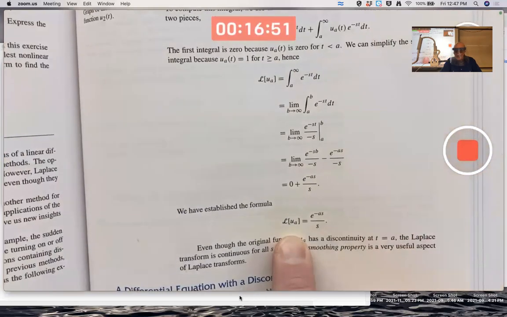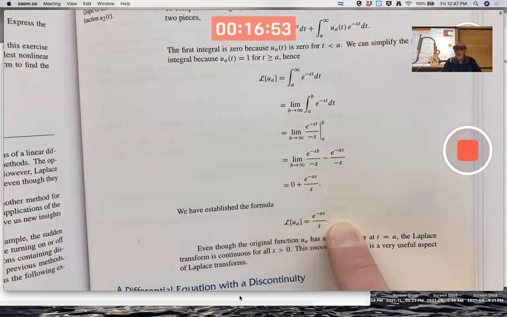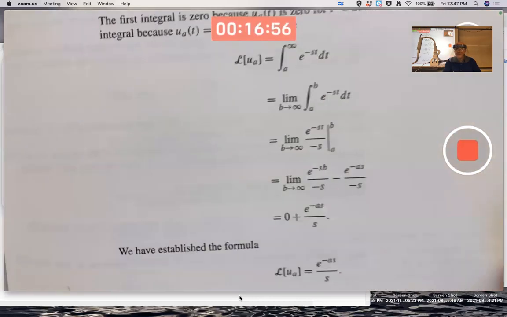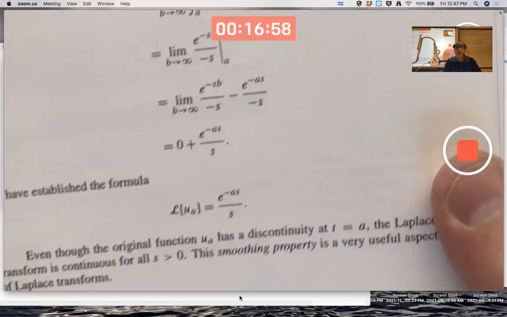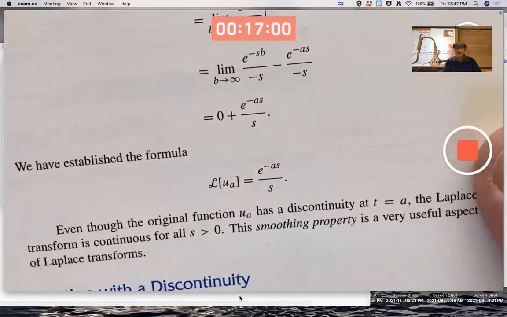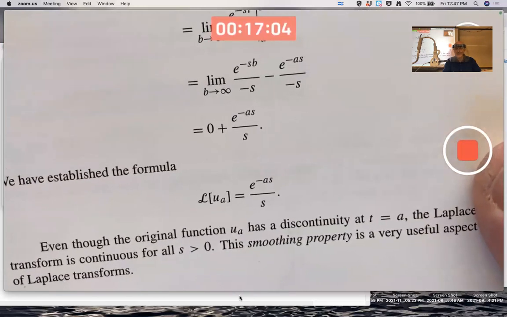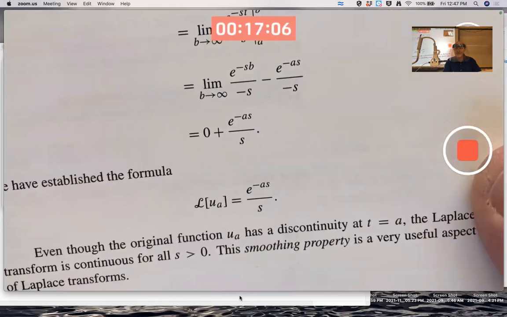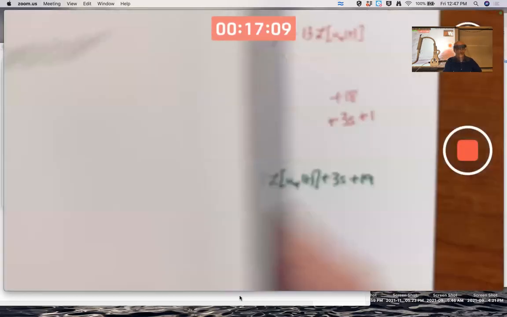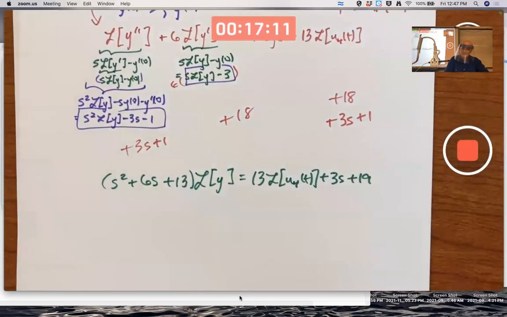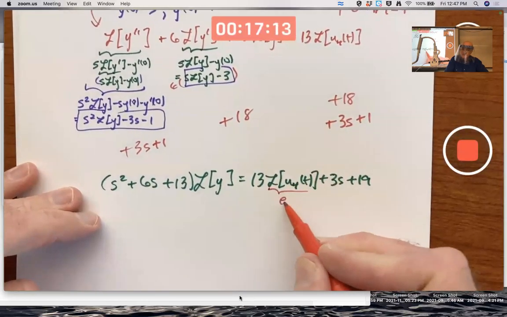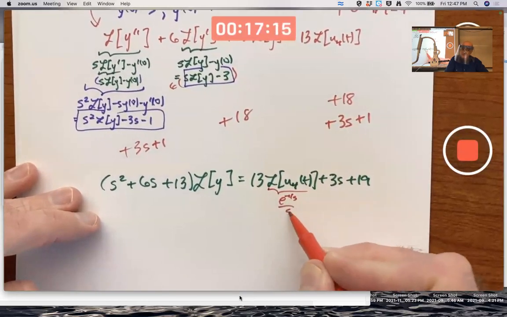L of u_a of t equals e to the negative as divided by s. There we go. A in our problem is 4. So I get e to the negative 4s divided by s. This thing here is e to the negative 4s divided by s.